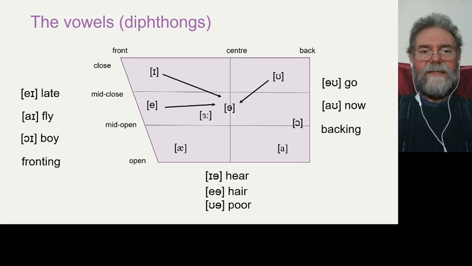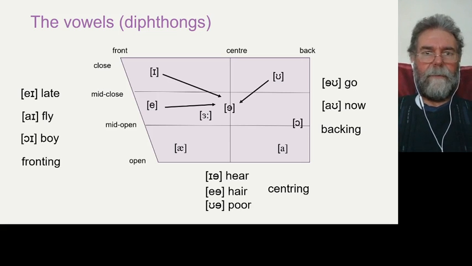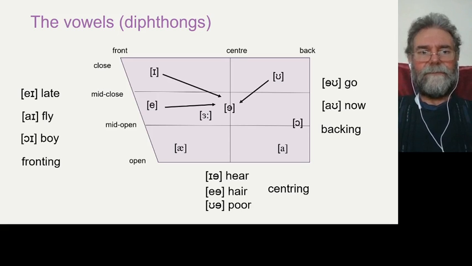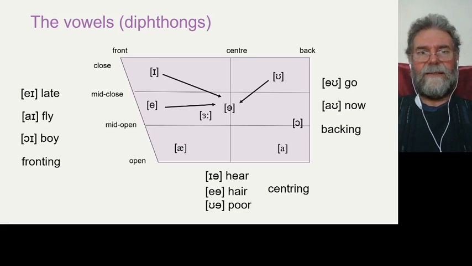Given that all of these end up near to schwa, we refer to them as centering diphthongs. Okay. All in all, then, we've got what is that? That's 1, 2, 3, 4 plus 6, 10 diphthongs, and we've got, I believe, 10 of the other vowels.